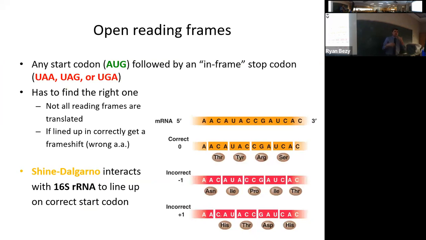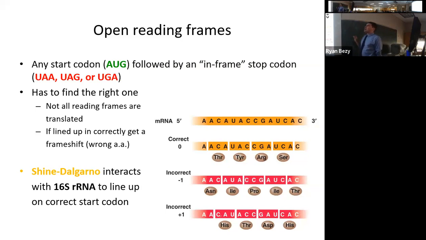Once that is lined up, it's always lined up very accurately on what is called the appropriate reading frame. So it always lines it up on that start codon. And then the reading frame is any start codon where you start translation.